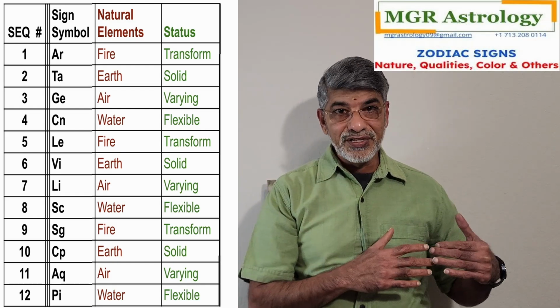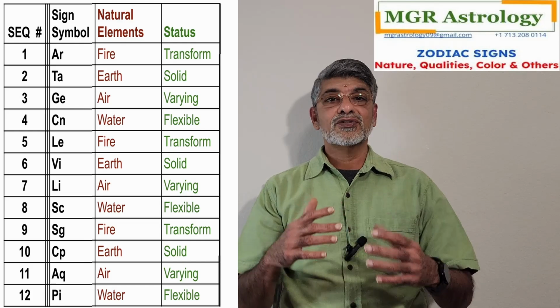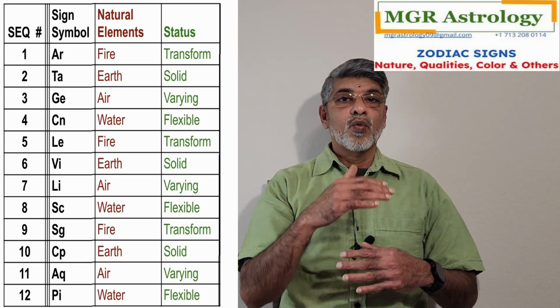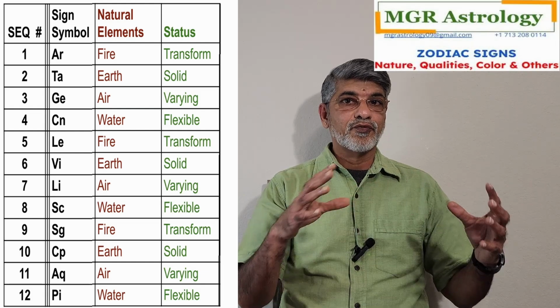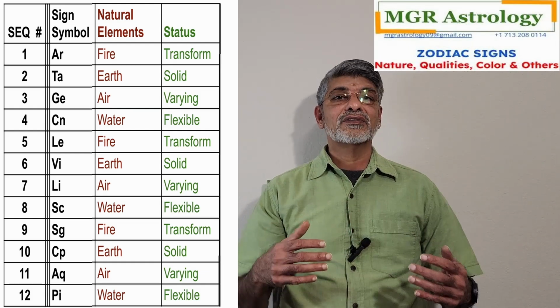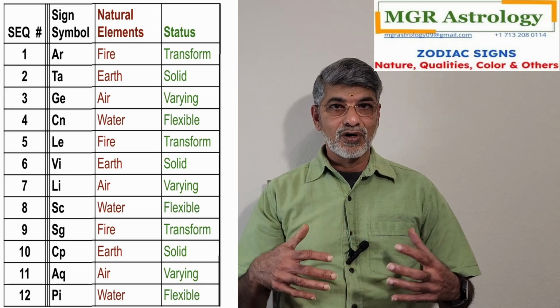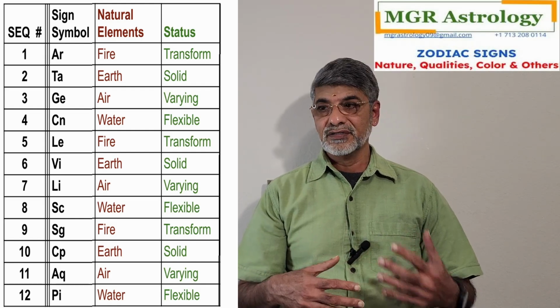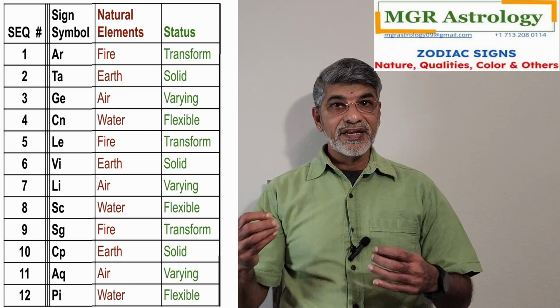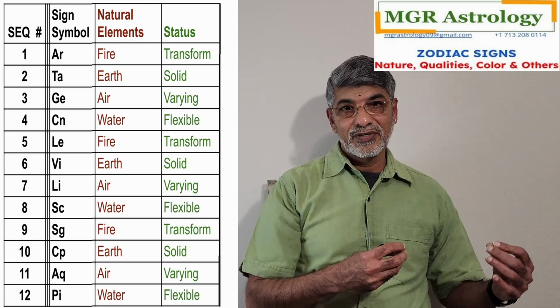Also, there are gentle breezes. Like that, water is flexible. It can go into anything. So these four elements are also used for identifying these qualities of transformation, solidity or constancy, or varying or flexible qualities.